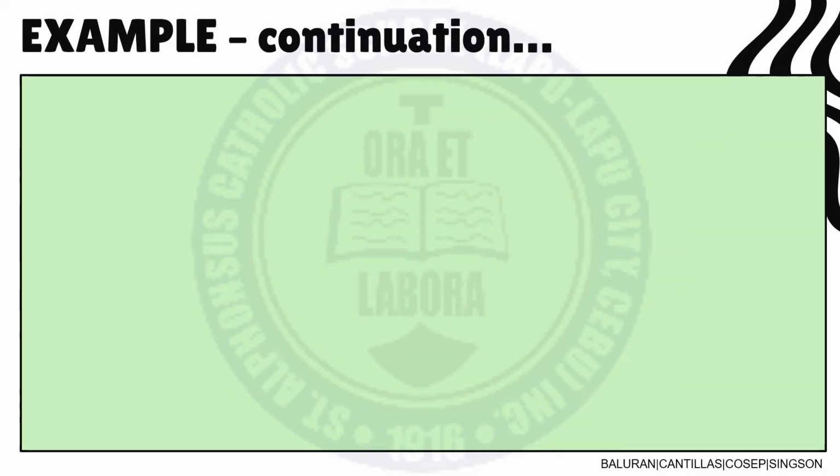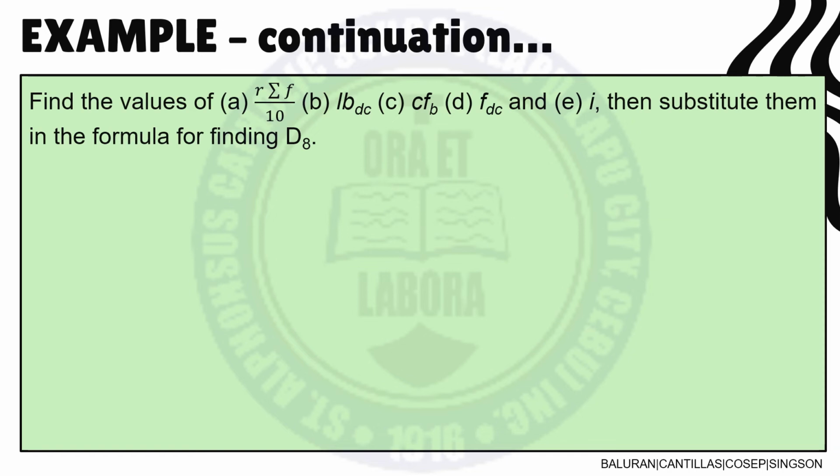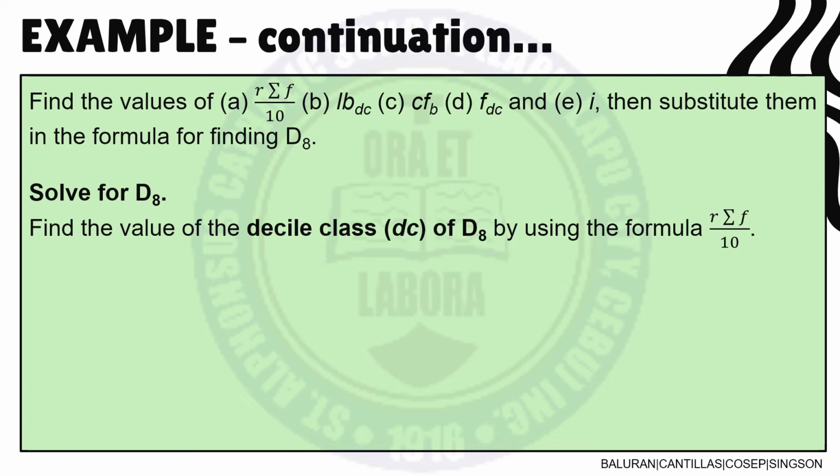After completing the table with the needed columns, find the values of the following and then substitute them in finding d sub 8. To solve for d sub 8, find the value of the decile class of d sub 8 by using this formula.